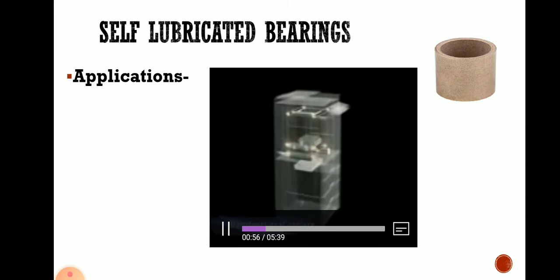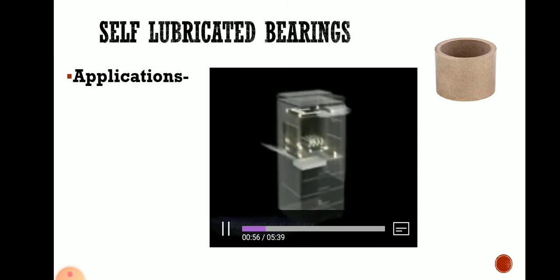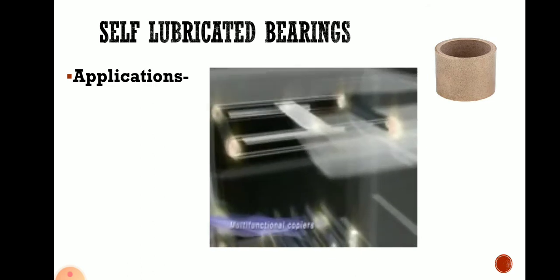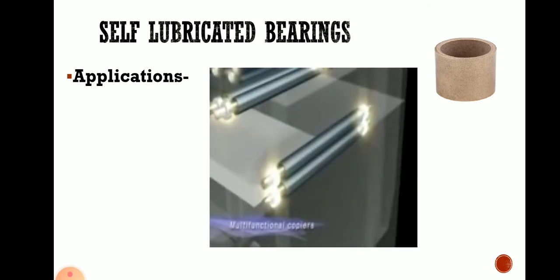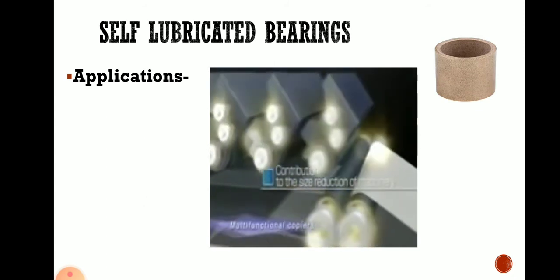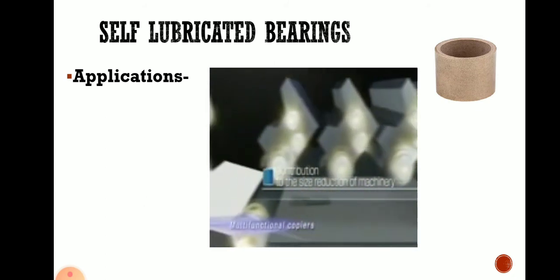In one of the short videos I have shown, you can observe many of the applications. Consider this Xerox machine. Wherever the page is circulated and a new page comes, all those things have rollers, and those rollers are mounted on bearings.